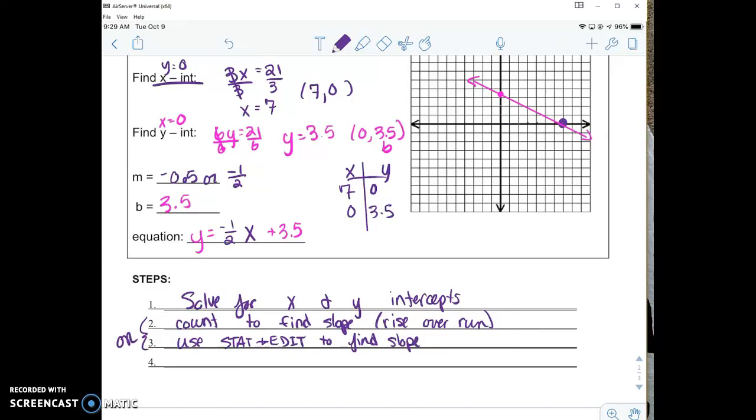On step 1, I solve for x and y. This is also where I need to graph the line. And my last step is I'm going to write the equation and find any key features I'm asked to find.